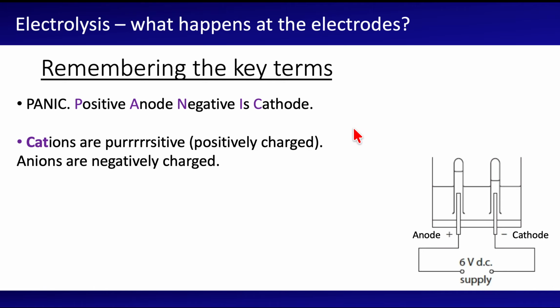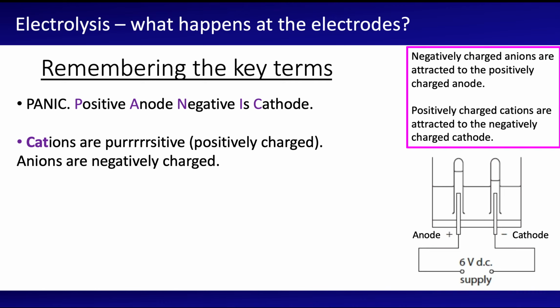The cations within the electrolyte are positively charged, and some students like to remember this by cats, sounds a bit like positive, or positive because cats have paws. And if the cations are positively charged, then the anions must be negatively charged.